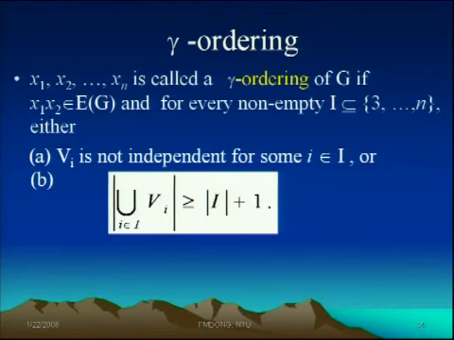So this condition is very similar to Hall's theorem. It's just one bigger. I mean the union is just one bigger. So either the first one, some Vi is not independent.